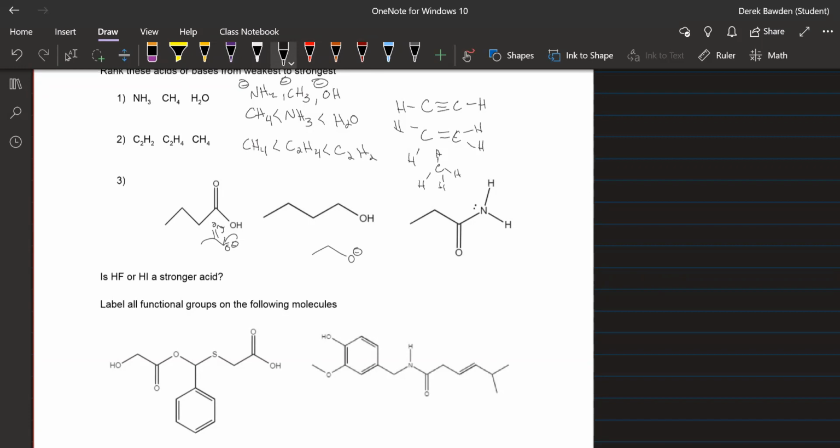And here we'd have an ability to resonate with the nitrogen. So what's going to be our weakest? A, B, or C? B. We got B, then what's next? C. Perfect. A, right? Beautiful. Any questions on those?